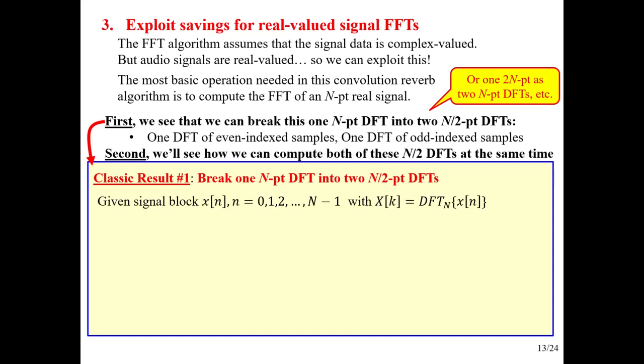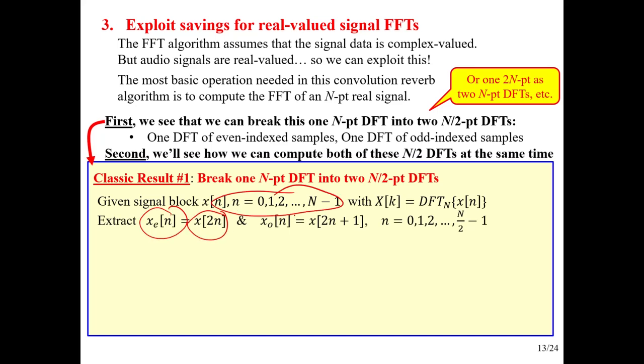So here's the idea. I'm given a block with N samples in it, and that would be its DFT, okay? I don't want to compute that directly, so here's what I'm going to do. I'm going to say, let's take XE to be the even samples of this block, and XO will be the odd samples of my whole block.